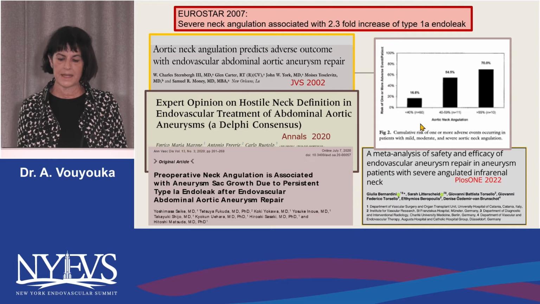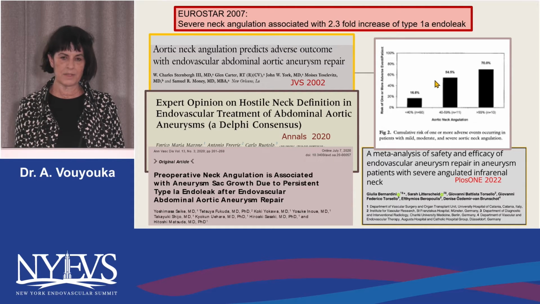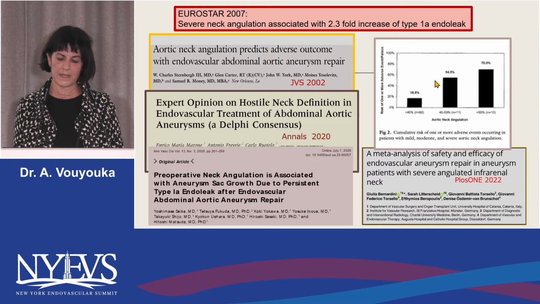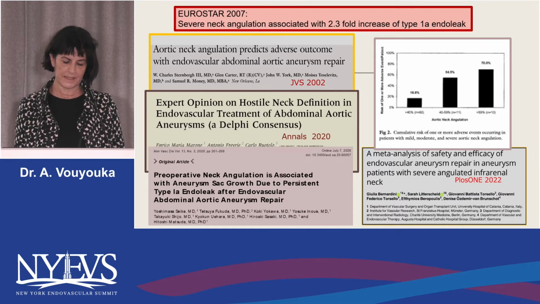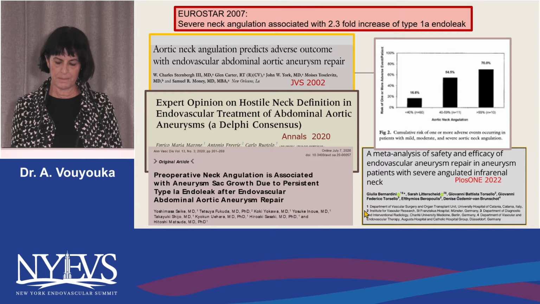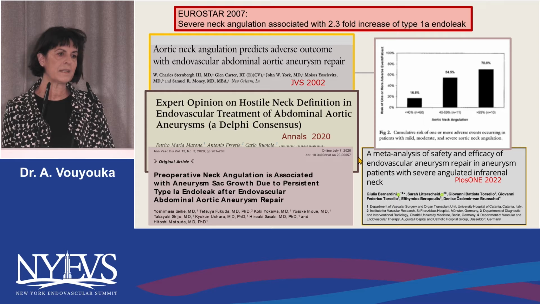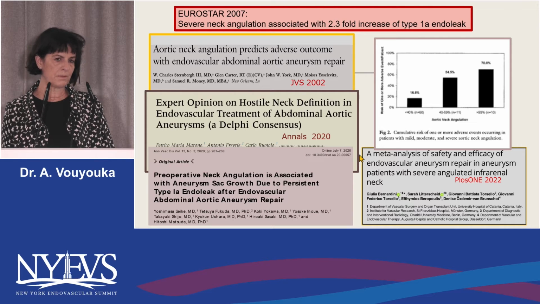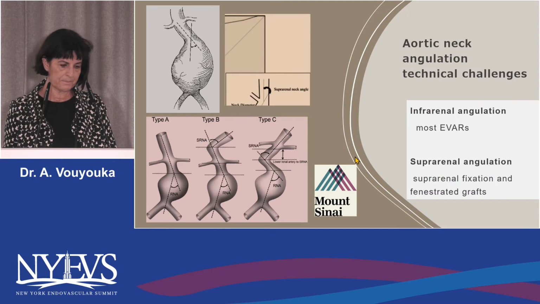In the same era, in a different paper, they found that for angulation more than 60 degrees, there was a 70% rate of perioperative complications. Similar trends have been seen all the way up to now, despite the fact that we are way better at doing these procedures and we have better devices.